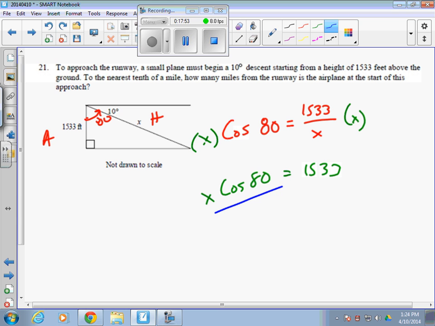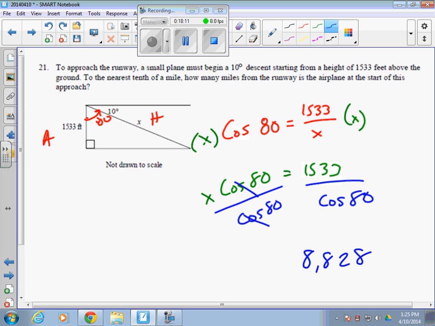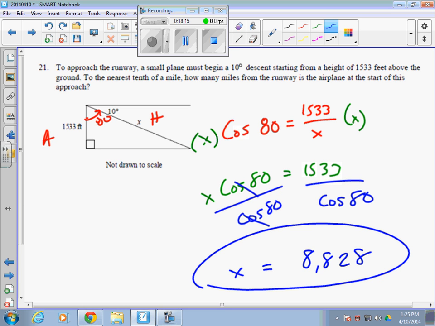Divide by the cosine of 80, and it'll cancel out. So 1,533 divided by the cosine of 80 degrees is 8,828. So at 8,828 feet is when it needs to start its approach.